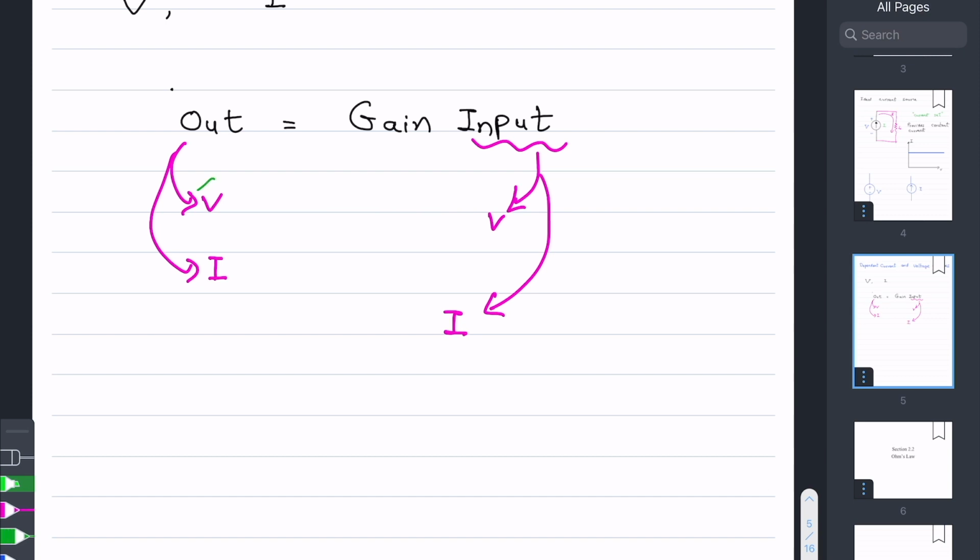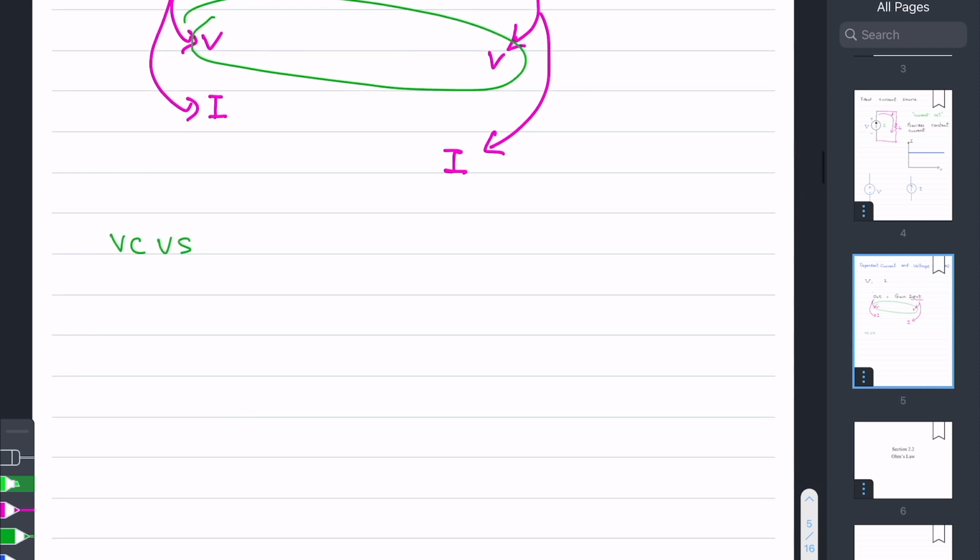So if you have a voltage input and voltage output, you have what is called a voltage controlled voltage source. That looks like this. A voltage controlled voltage source where the input is a voltage and the output is a voltage as well.